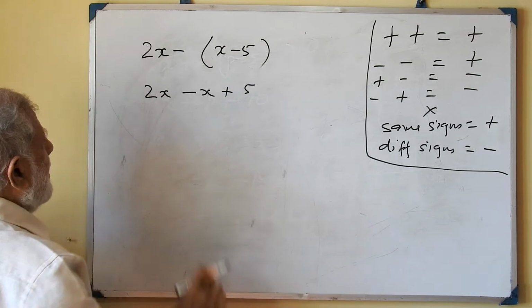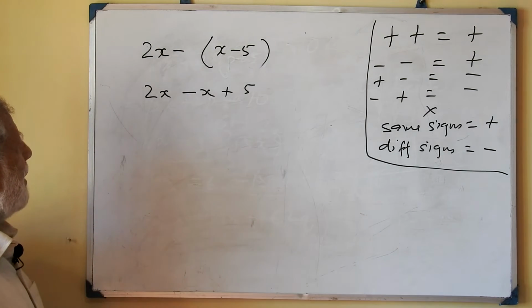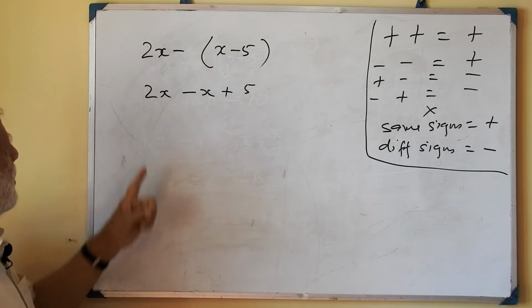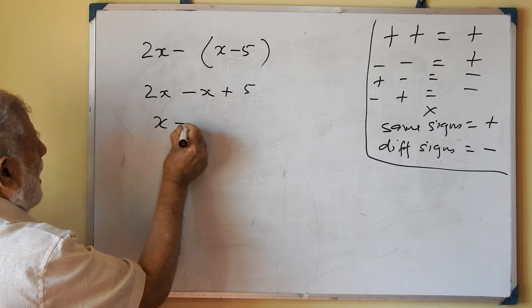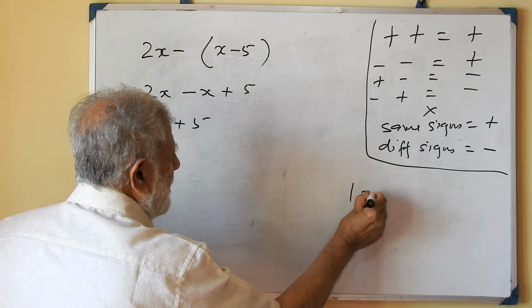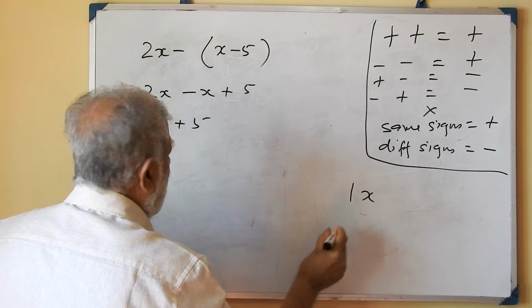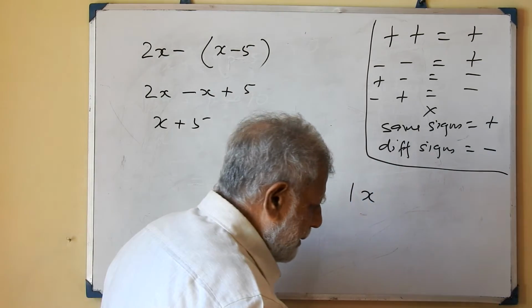So 2x minus x plus 5. So now here 2x minus x is 1x. That is equal to x plus 5. Many children write 1x, it is not wrong, but normally we don't write 1x, we write x plus 5.